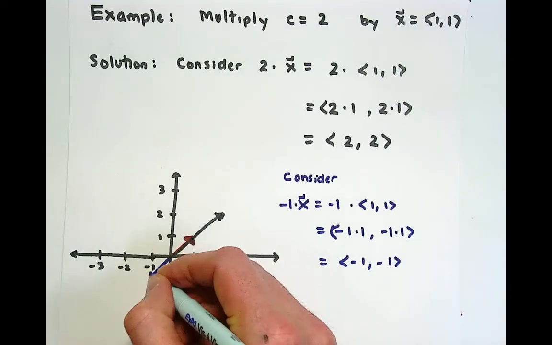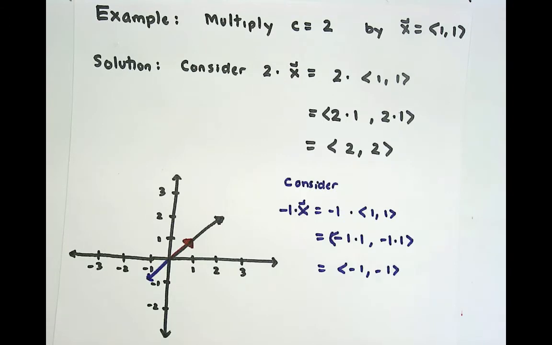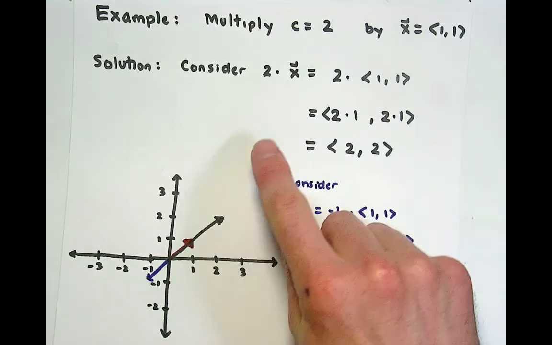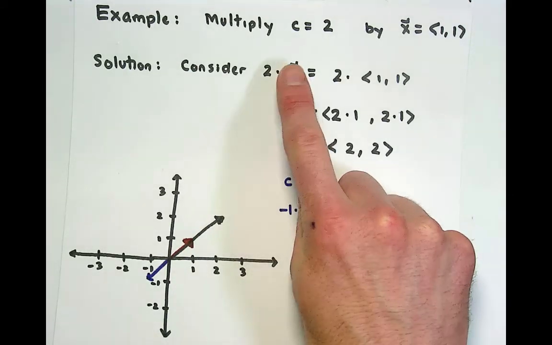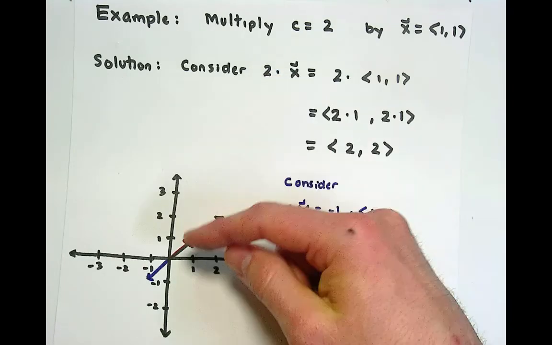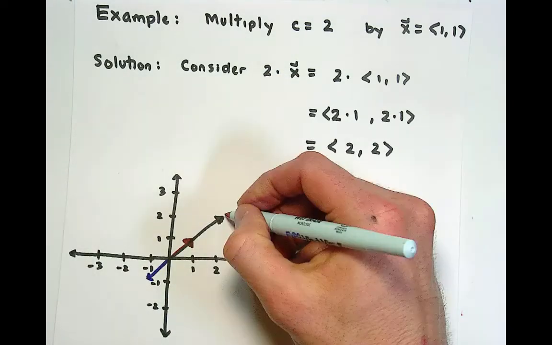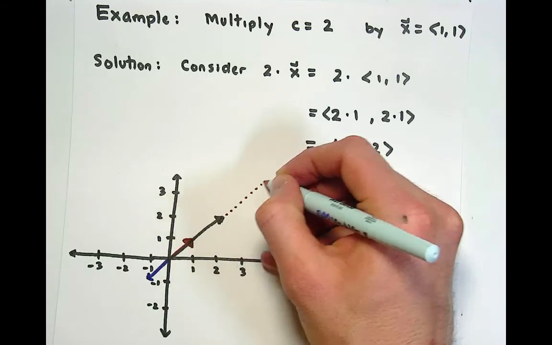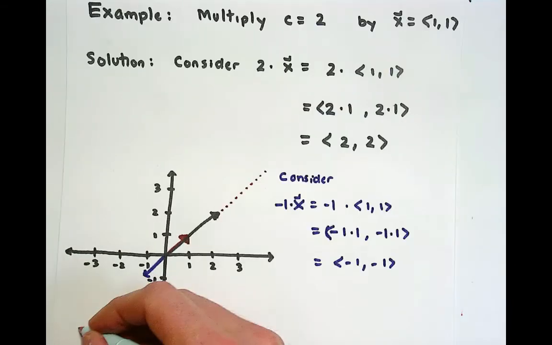So this would be this vector this way. Notice that if we write any vector as a scalar multiple of x, it's going to be along the same direction with different magnitude.